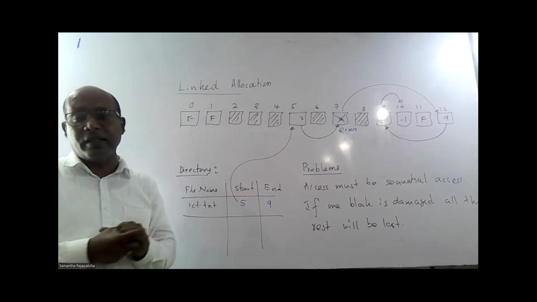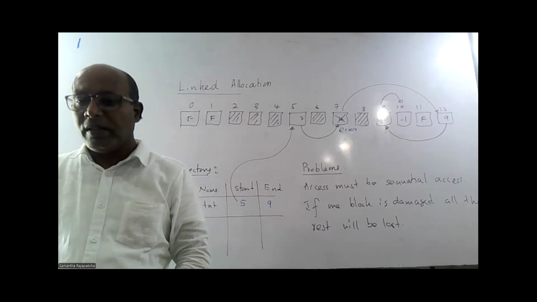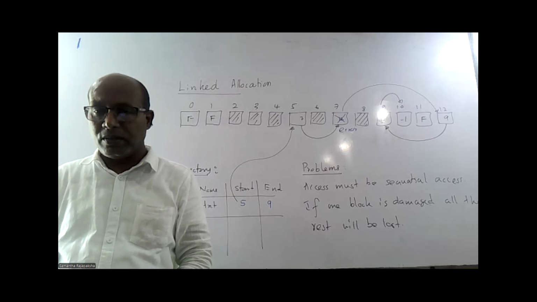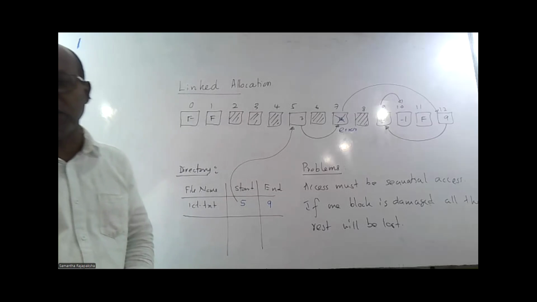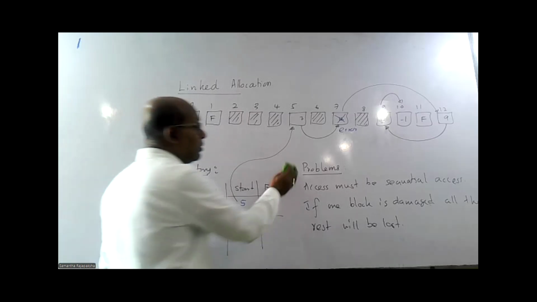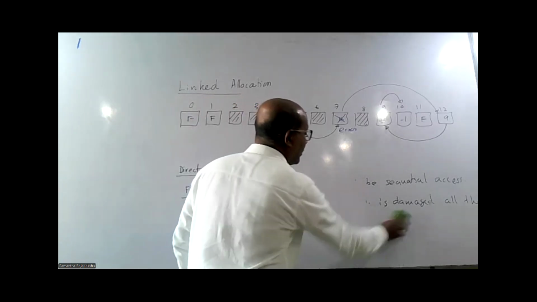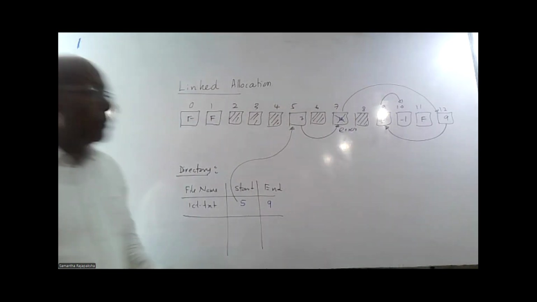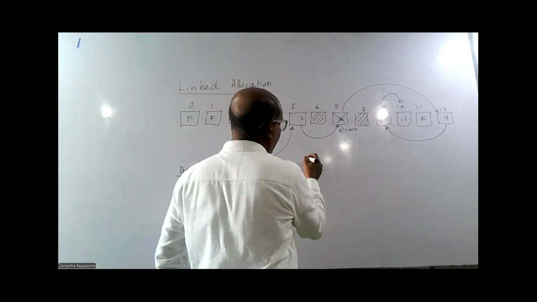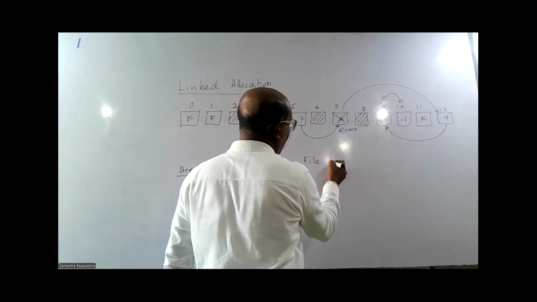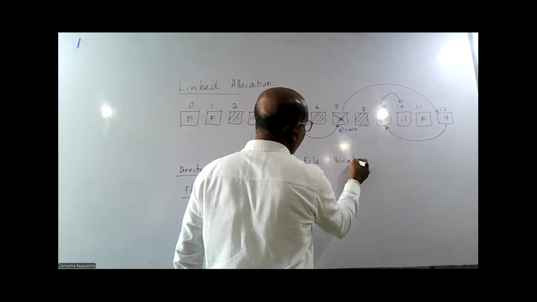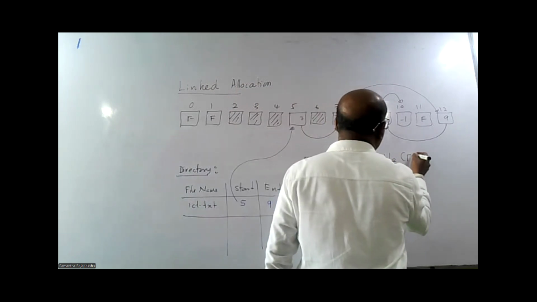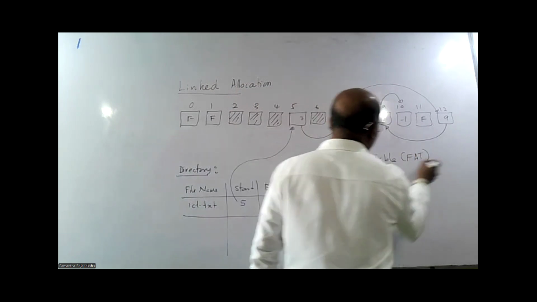People were thinking about how to solve this problem. For that, people found a very simple solution, which was used in most operating systems. We call it the file allocation table, or sometimes FAT.